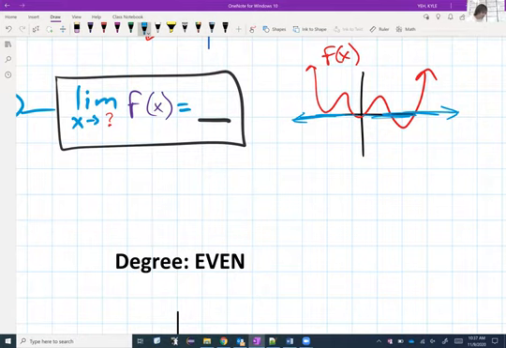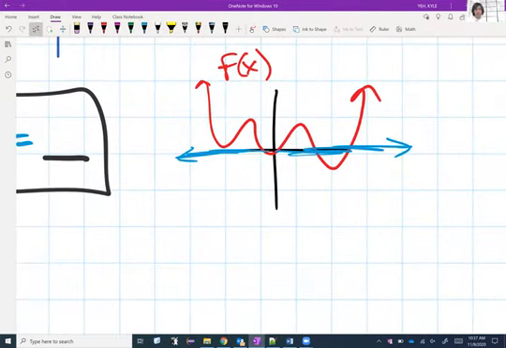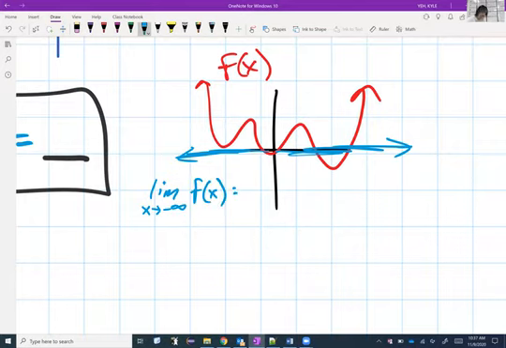Now, each graph is going to have 2 limits when we're doing it this year. So I'm going to write them out. The limit as x approaches negative infinity of f of x. I'm trying to describe what is happening to this graph as the x's are going more and more towards negative infinity.